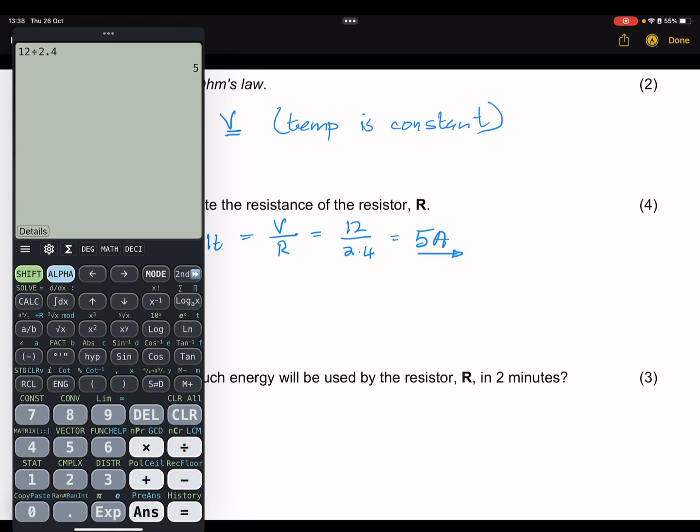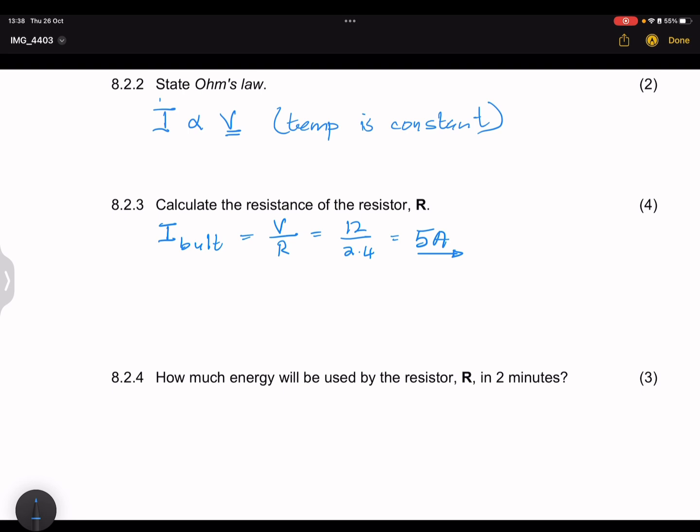Now remember, our total current was 6 amperes. They told us that we've got a total current of 6 amperes. So which means the current that is passing through the resistor R will be 6 minus 5, which gives us 1 ampere. Now that we know the current that's passing through resistor R, we also know the voltage of it, so we can find out what that resistor is.